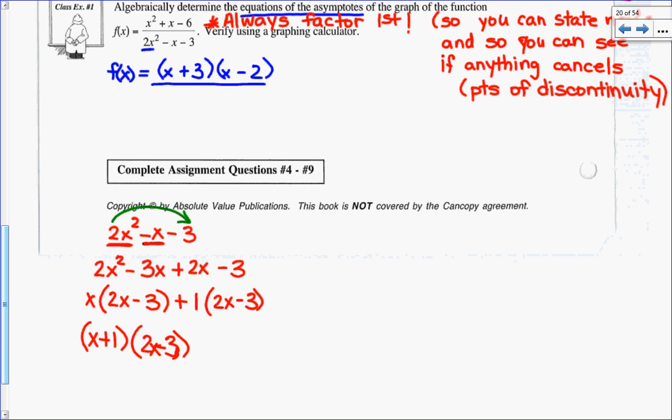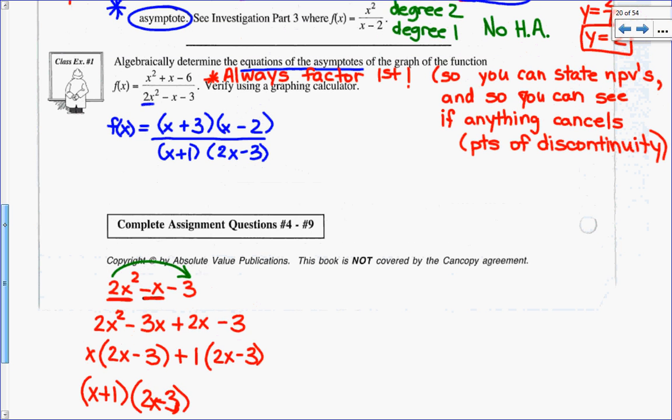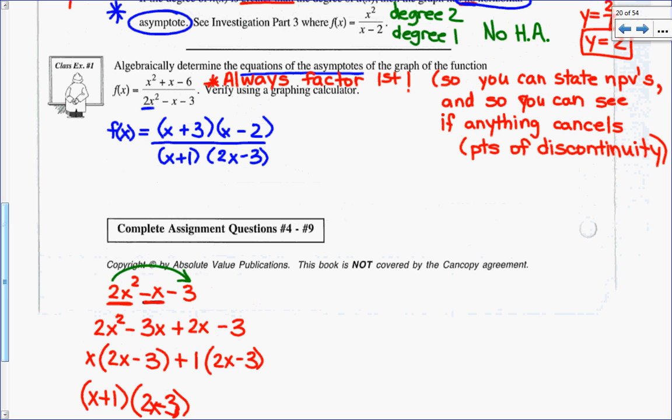I've got x plus 1 and a 2x minus 3 factor on the bottom. Okay, so now that I have it factored, I should be able to look right away and figure out what my non-permissible values of x are. That means if either one of these two factors was equal to 0, it would be 0 times the other one, and it would give me a 0 value in my denominator.